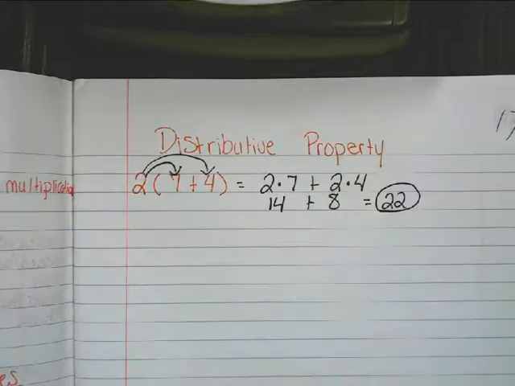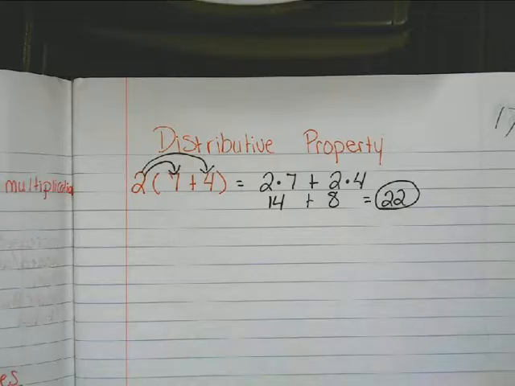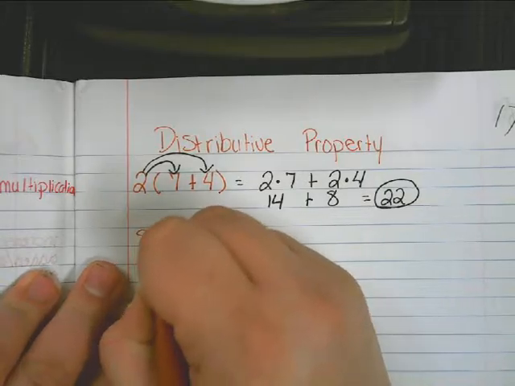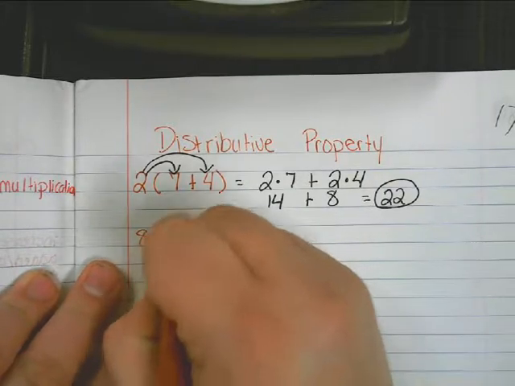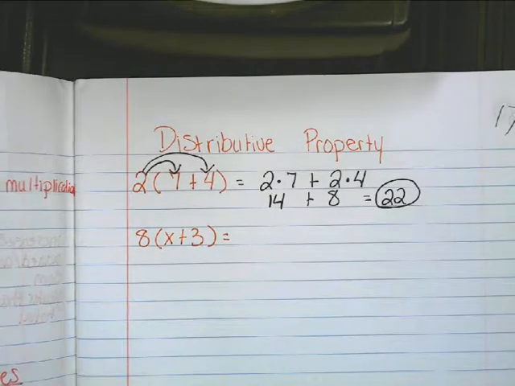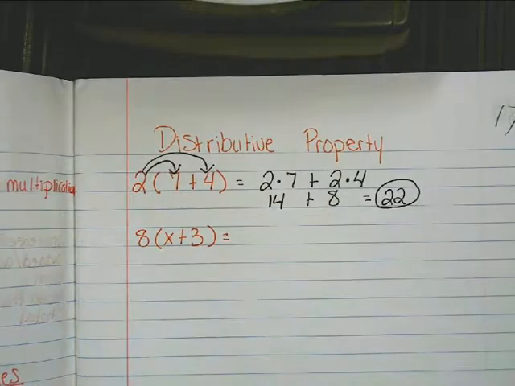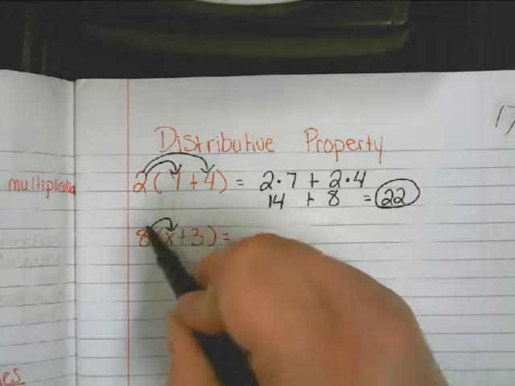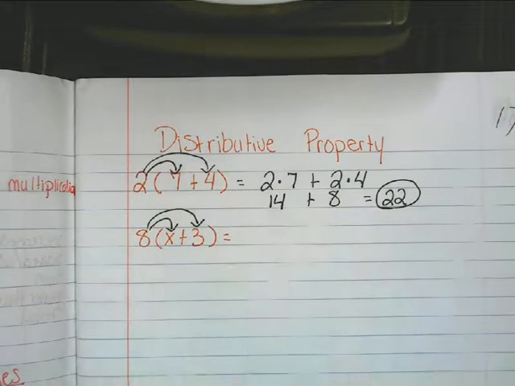Alright? But not all the time am I going to have numbers there. I may have letters. So if I have 8 parentheses x plus 3, I have to take this 8 and distribute it to the x and to the 3, and I need to multiply it.